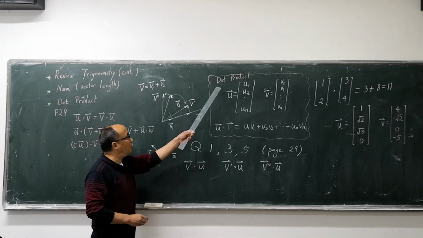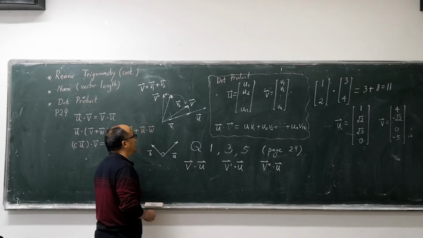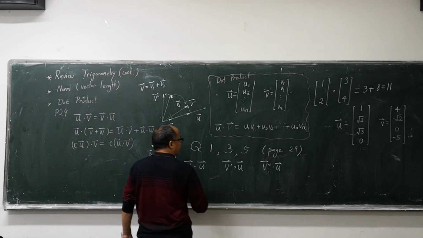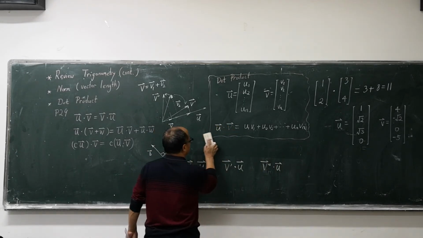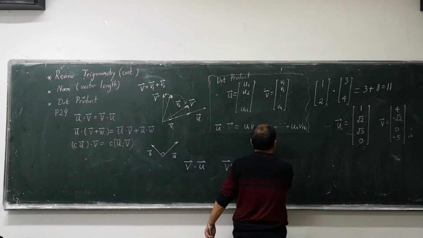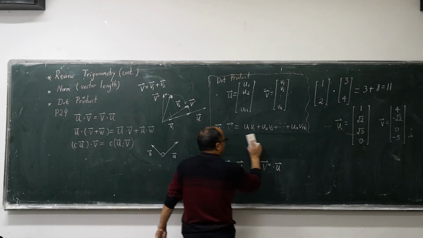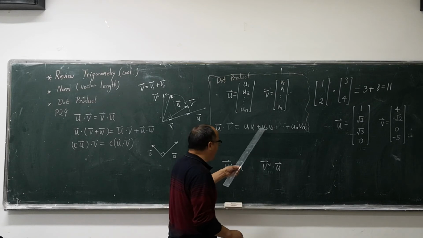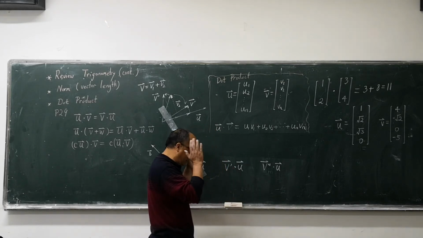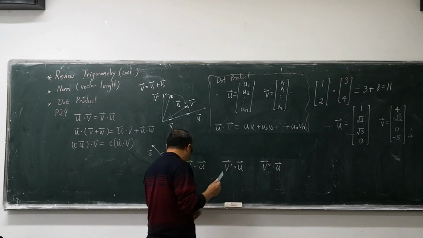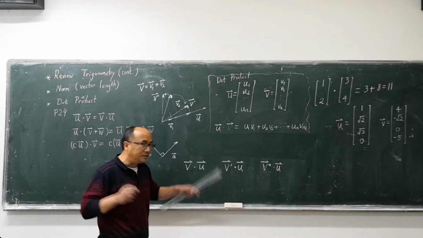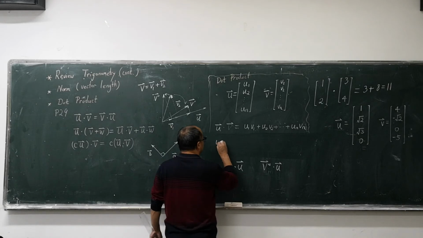So another formula for the dot product is this. This is just algebra. You do not need to have any picture in your mind. Like we said, always two fingers pointing at the same moon.